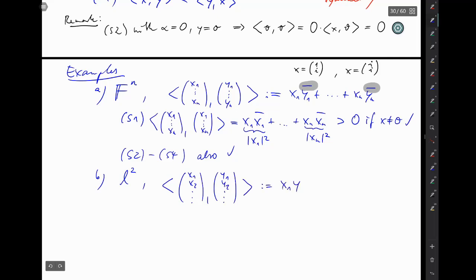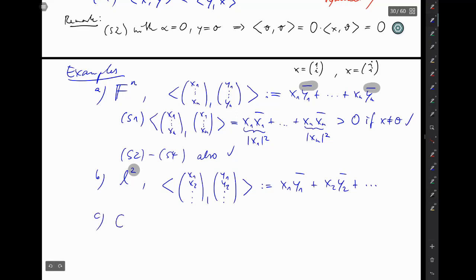So this is x1 y1 bar plus x2 y2 bar plus and so on. So this is an infinite series, and one can show that because we're putting this 2 here, this is going to converge. Checking the axioms S1 to S4 can be done just like in the previous example here, so let's not do that.